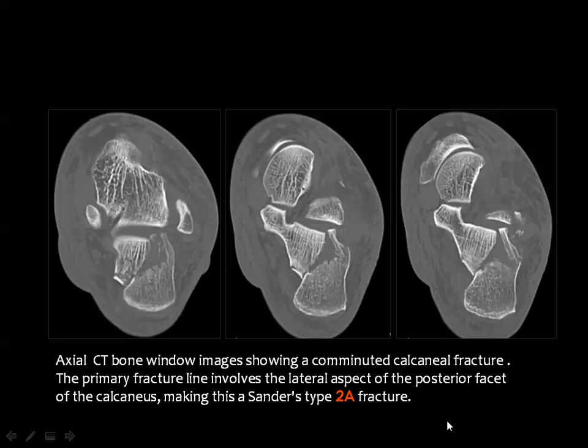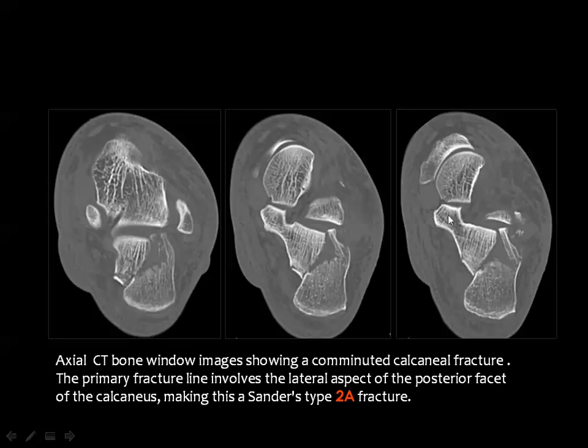And in my opinion, if you are in the casualty department, responsible for interpretation of the radiological examinations, you have to mention only that there is a comminuted fracture in the calcaneus, and the fracture involves the articular surface, and you may say that it involves the lateral articular facet.